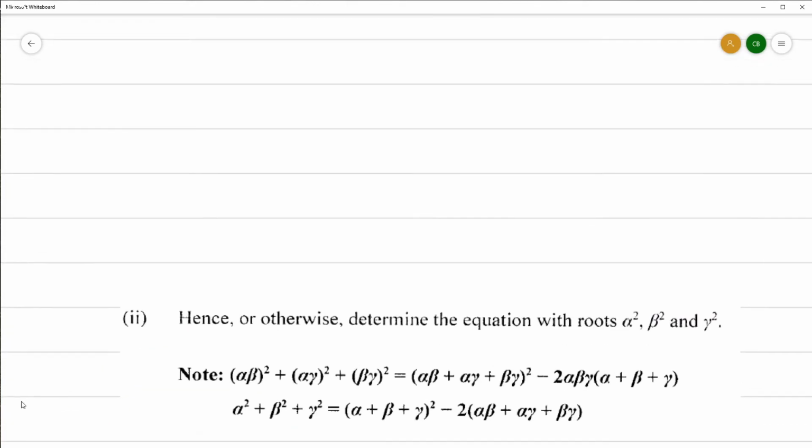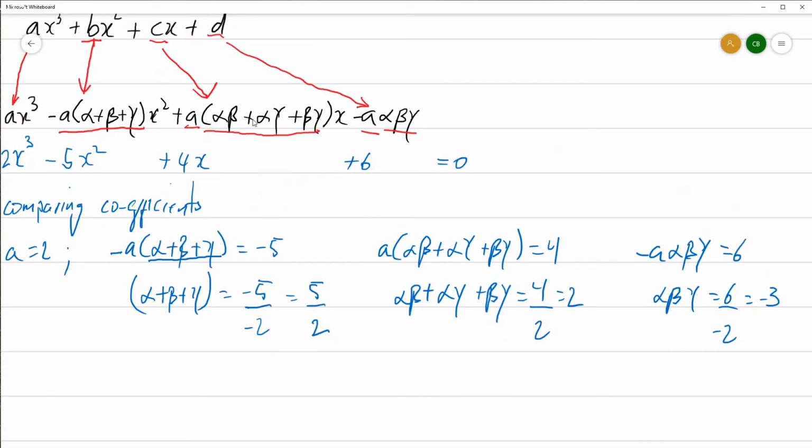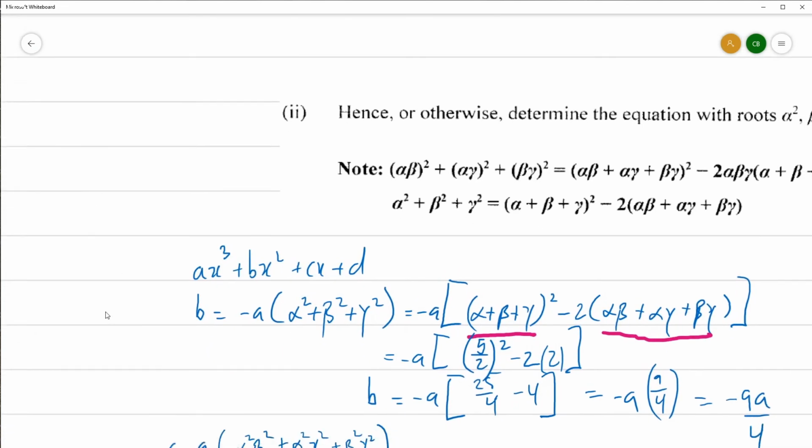Alright, so that should be the combination for c. Alpha beta, alpha gamma, beta gamma, sorry.